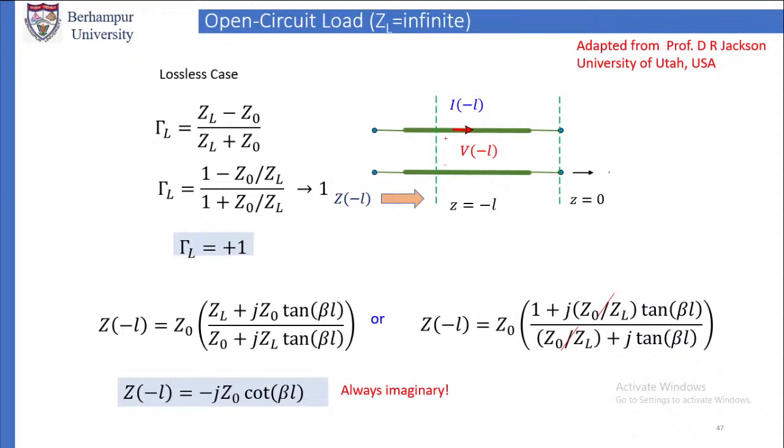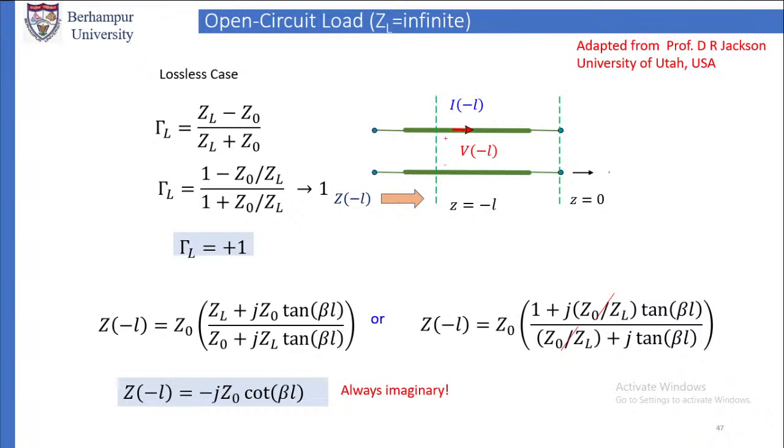Gamma L is equal to minus 1 indicates that the incident wave is 180 degrees out of phase with the reflected wave. So that is the difference between plus 1 and minus 1.